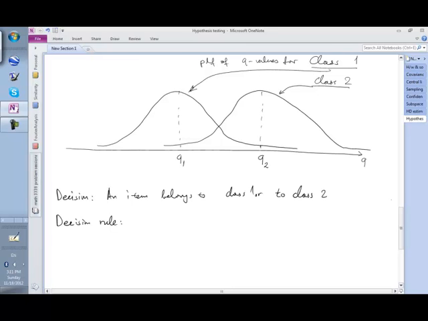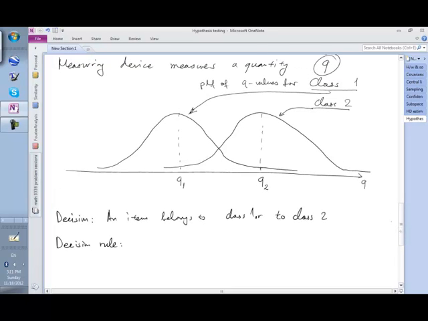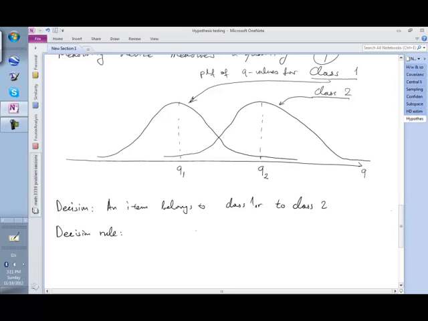The decision rule will be of the form, since you take only one measurement, the measurement Q: if Q is greater than or equal to a certain value T, which I will call the threshold, and I have to see how I can find this threshold, then the item belongs to class 2. Otherwise, the item belongs to class 1. This is the decision rule.